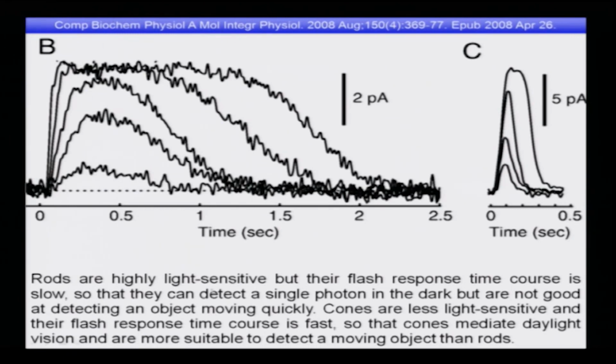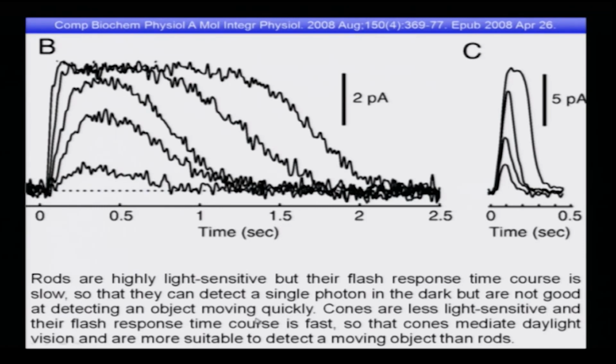Rods are highly light sensitive, but their flash response time course is slow, so they can detect a single photon in the dark, but are not good at detecting objects moving quickly. Cones are less light sensitive, and their flash response time course is fast, so cones mediate daylight vision and are more suitable to detect moving objects than rods.